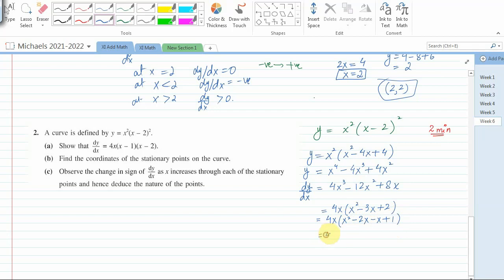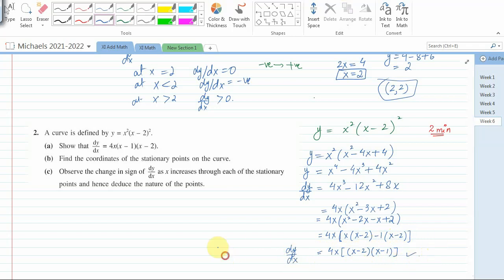Now it's 4x, and inside the bracket I am taking x common, so it's x minus 2, minus 1 times x minus 2 as well, right? After that, inside the bracket I can take x minus 2 common again and the leftover part is x minus 1. So this is what I needed to show in the first part, and we have shown it.